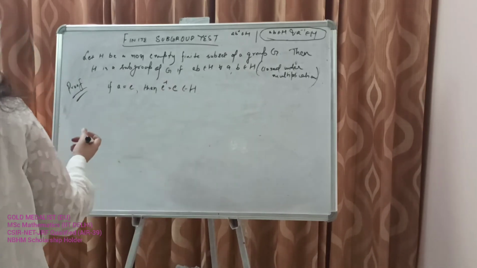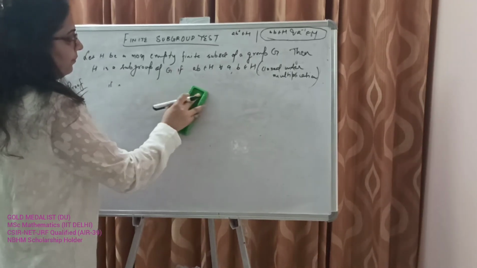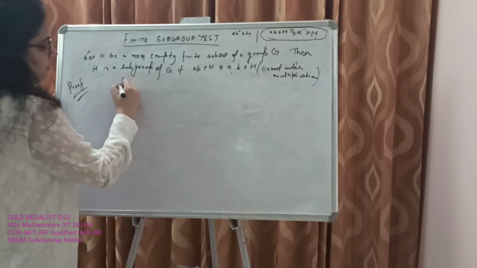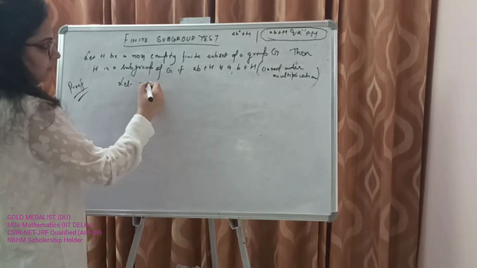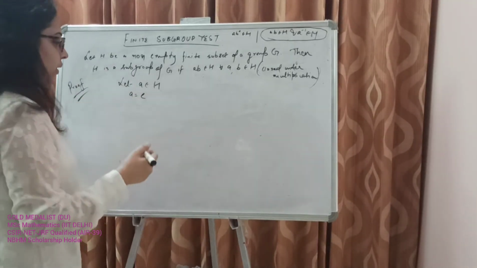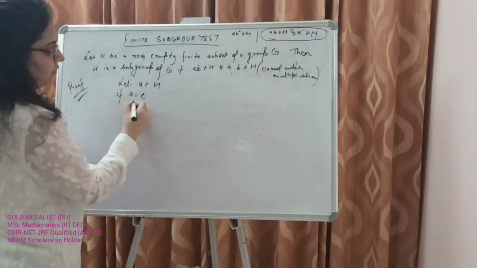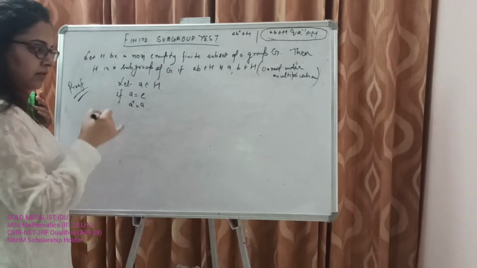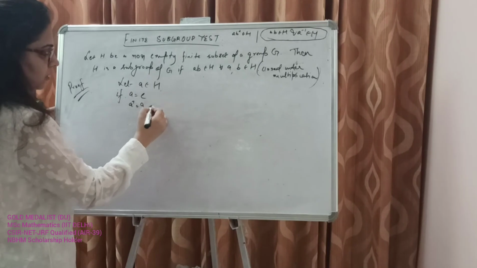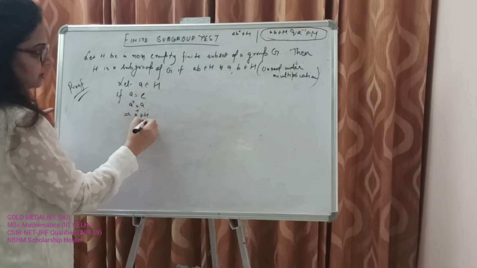We are saying that the inverse of every element exists. So let A belong to H. Now this can be equal to identity or this cannot be equal to identity, correct? Now if it is equal to identity, then A inverse is A, E inverse is E. So since A belongs to H, this implies A inverse also belongs to H.